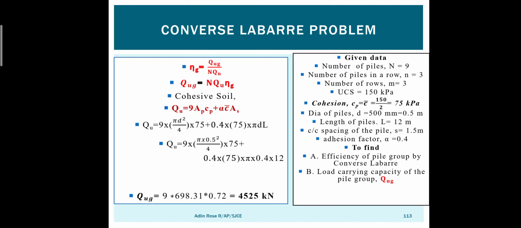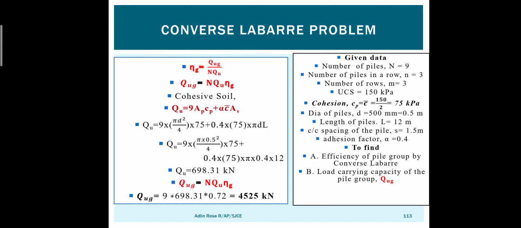When you calculate this, you'll get QU is equal to 698.31 kilonewton. After finding QU, we can find QUG. Substitute everything in QUG: n into QU into eta G. N, number of piles, is 9, into QU, just now we found 698.31, into eta G. By the Converse-Labarre formula we found it as 72 percent, which in decimals is 0.72.